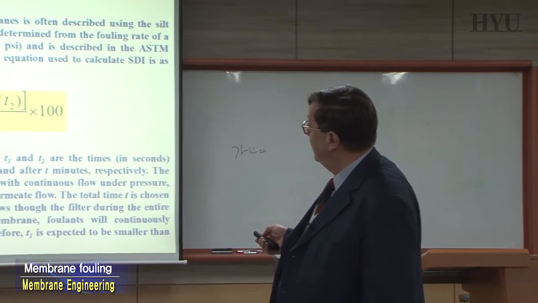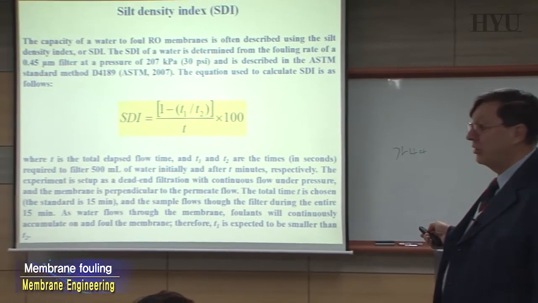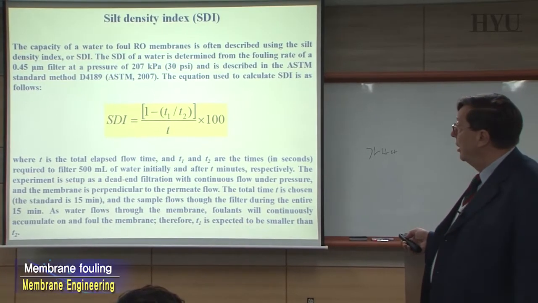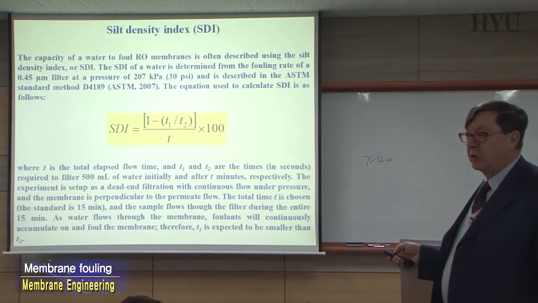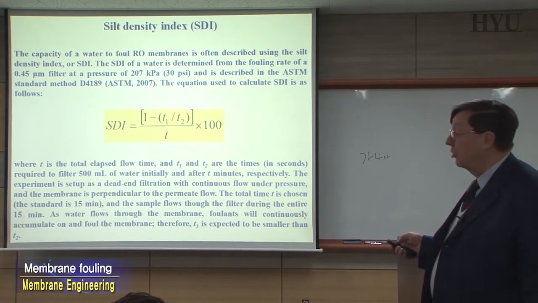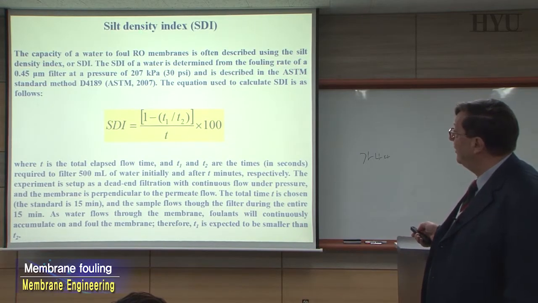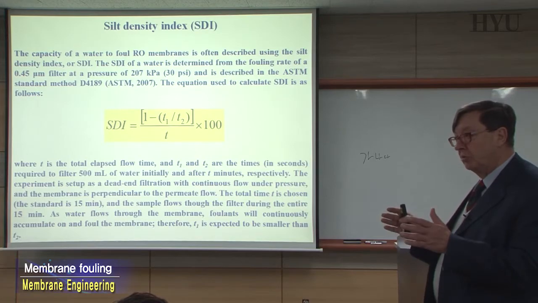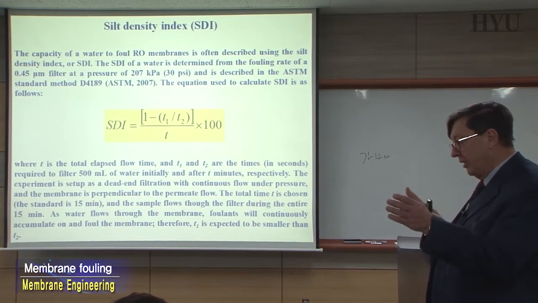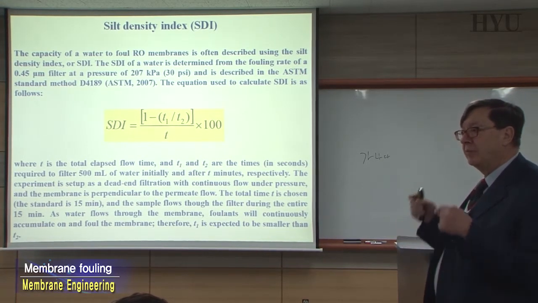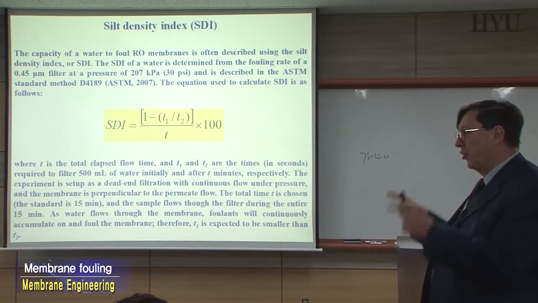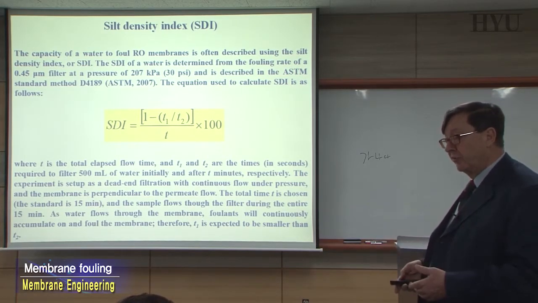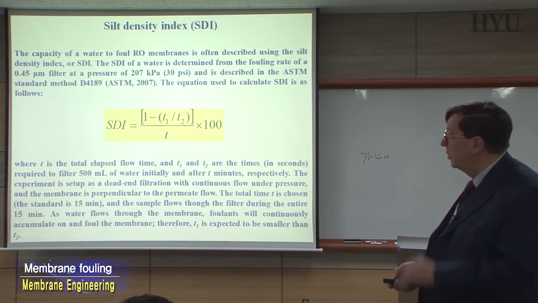One of the parameters that everybody has been using until recently, which is not really accurate, in fact you will see it has already been modified, is what is called the silt density index. And this is a standard methodology, and you have to compare results to identify the performance of your membranes in front of the separation you're looking for. You have to follow the rules.